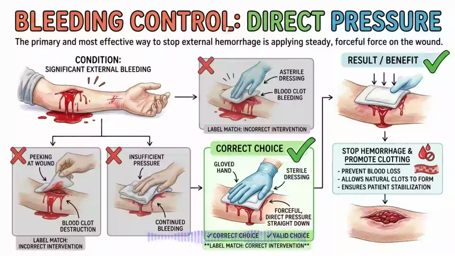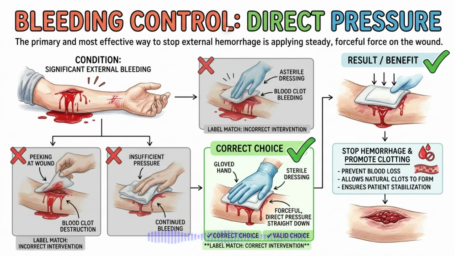The very first intervention for any significant bleeding is applying direct, forceful pressure straight down onto the wound using a sterile dressing. You must use your gloved hand to push firmly against the injury, maintaining that pressure without letting up to peek at the wound, as doing so destroys the blood clots that are trying to form.